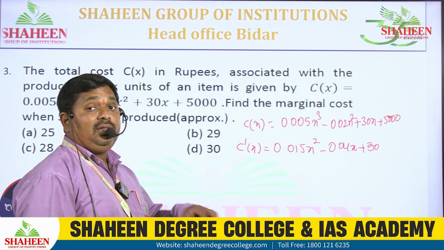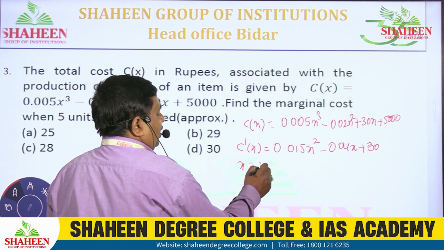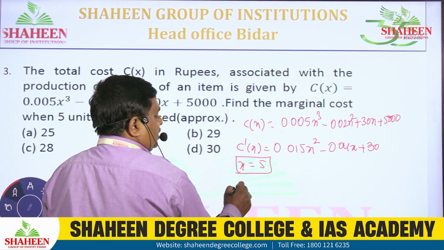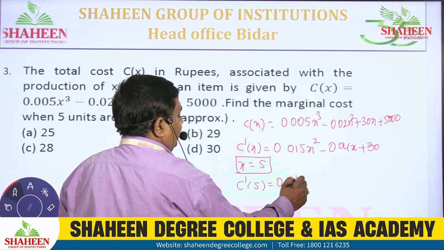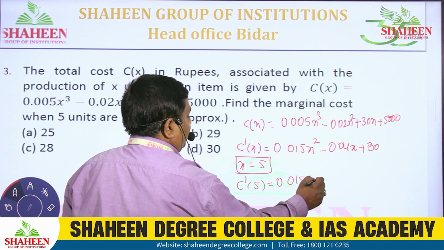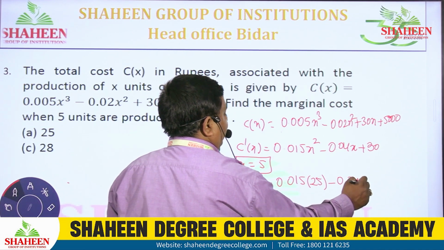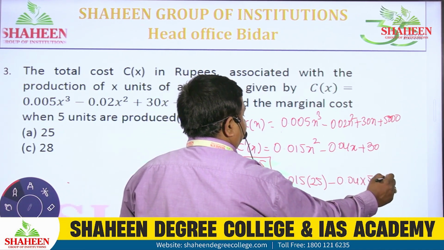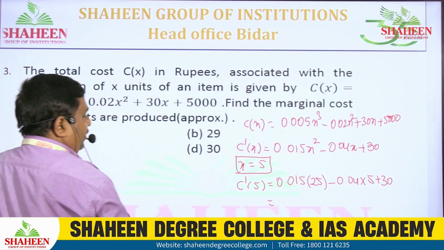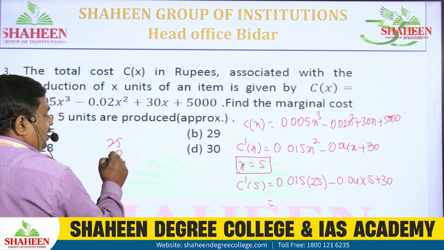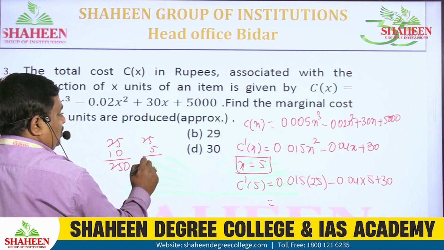When 5 units are produced, if you take x equal to 5, C dash of 5 is equal to 0.015 into 5 square, 5 square is 25, minus 0.04 into 5, plus 30. 25 times 15 is: 25 times 10 is 250, and 25 times 5 is 125.